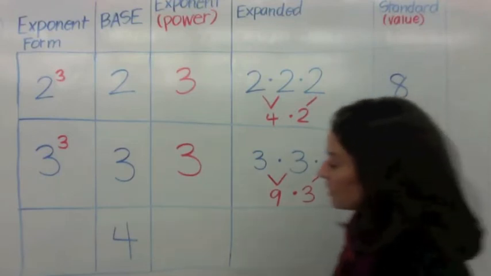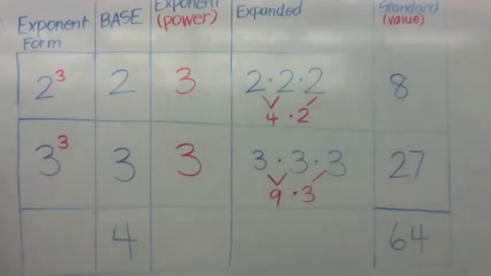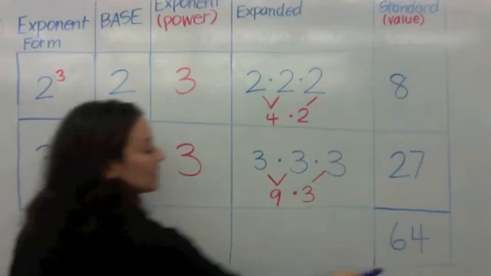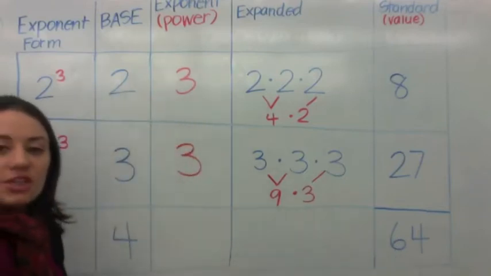Okay, now this one's a little trickier. I've told you that the base is 4. Write that down. The base is 4. But when you expand it by some power, you're going to get 64. So I want you to think about this.